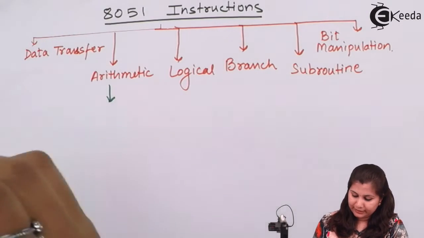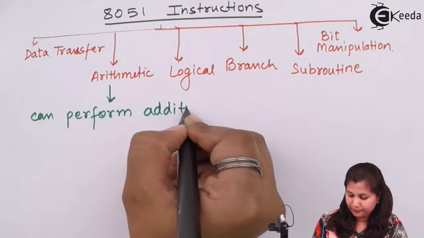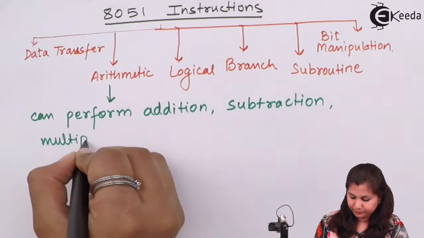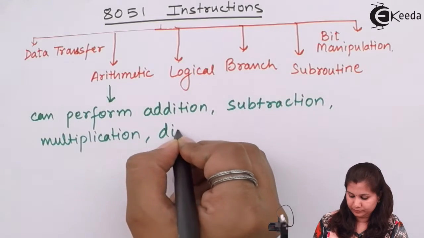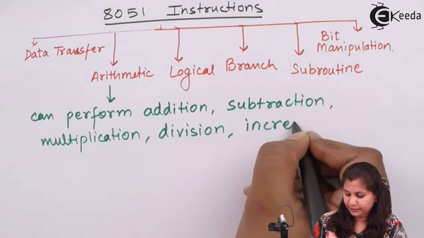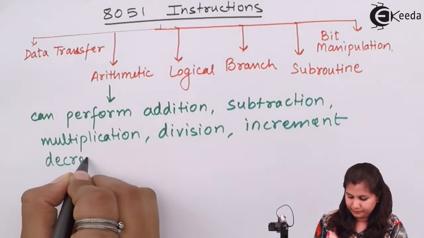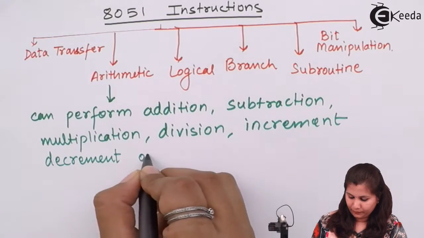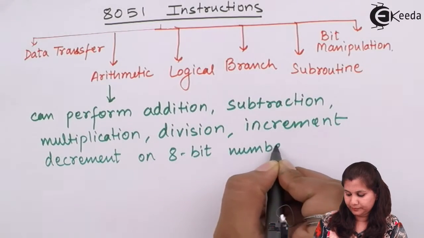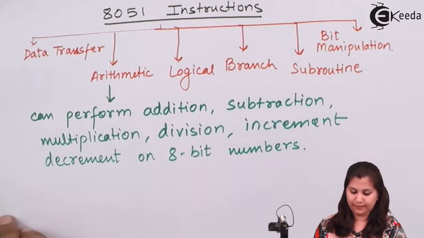They can perform these operations on 8-bit numbers. Okay, so this is the definition of arithmetic instructions.